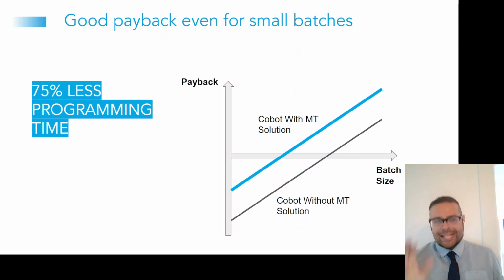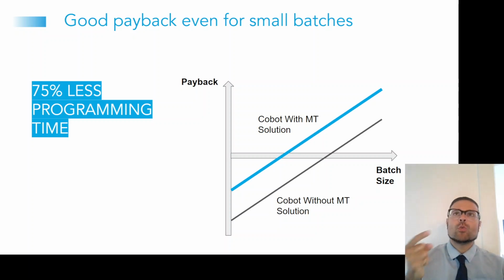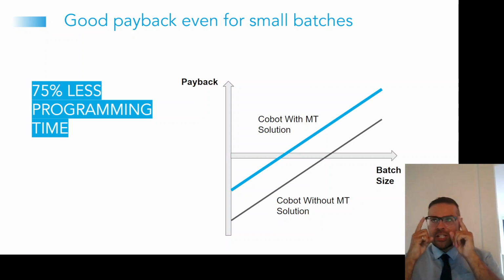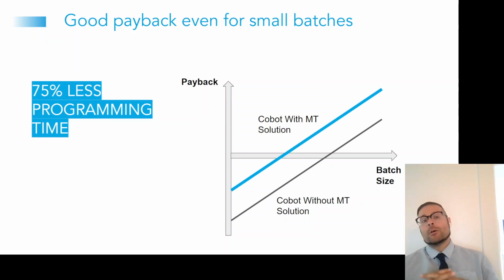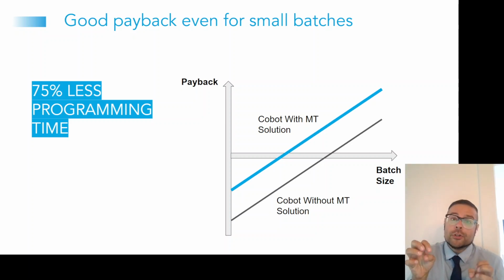There's a good payback even for small batches. So this was one of our main concerns as well. It has to be fast to program because when we have small batches, we don't want to spend too much time programming. So we calculated that it takes about 75% less programming time than with a standard UR cobot solution.